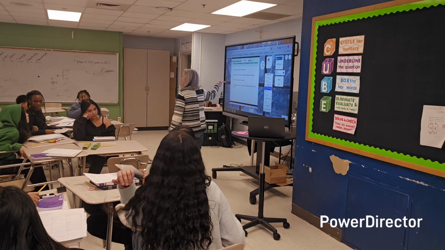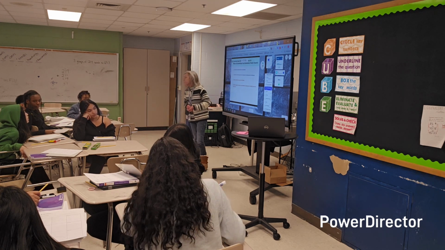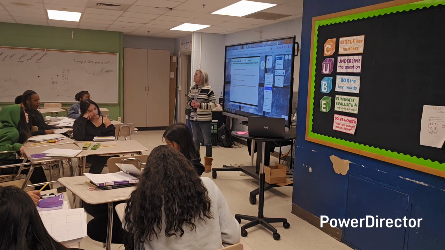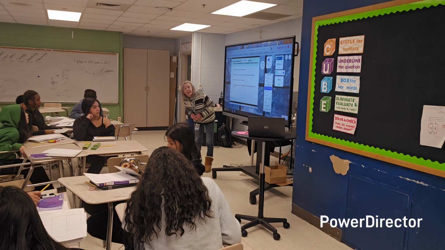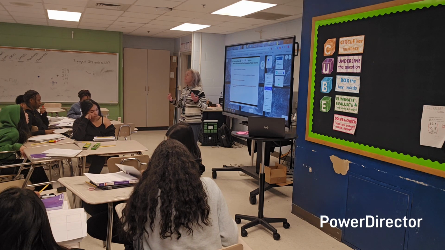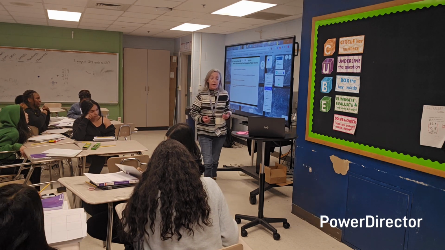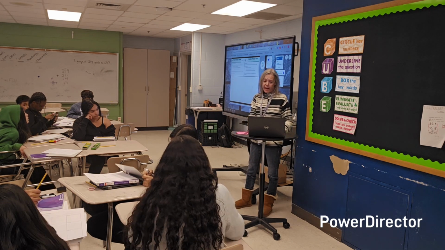Number 2, what's the second one? Let's look at some ways we can represent multiplication of decimals. Nice job. These are the same learning targets we had the other day. We're just continuing with them today.